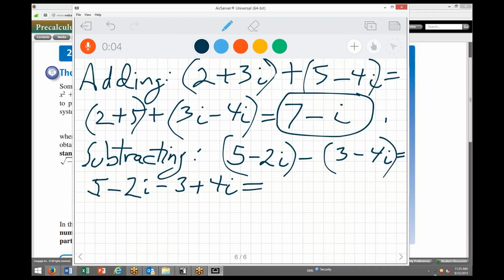The 5 minus the 3 becomes the real part 2, and the two imaginary parts, negative 2i plus 4i, become plus 2i. So subtracting 3 minus 4i from 5 minus 2i will equal 2 plus 2i.